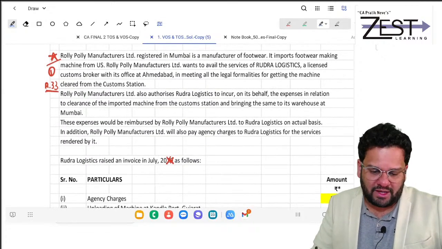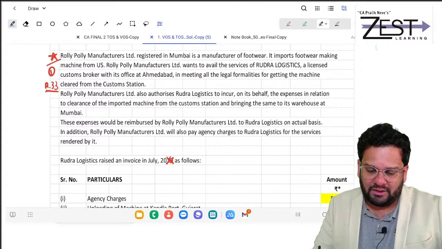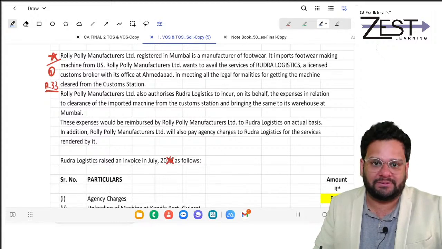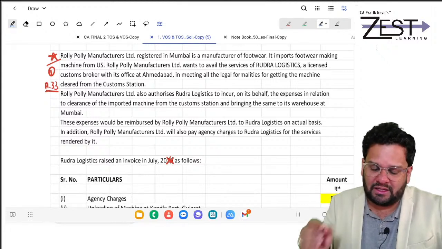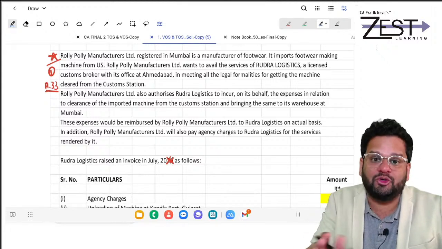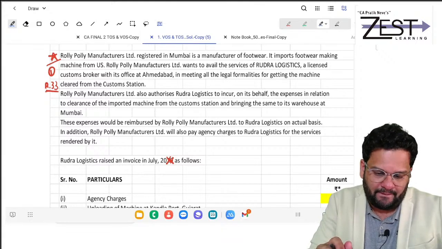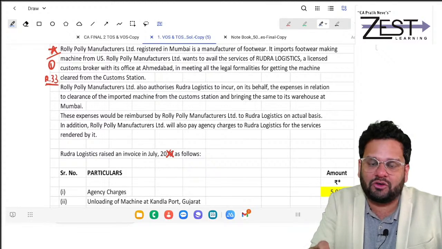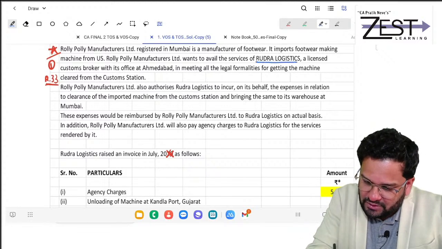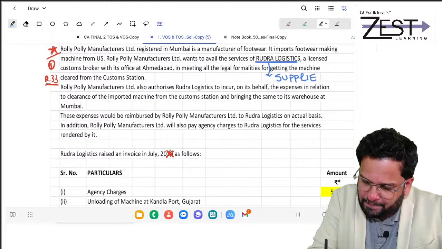Rolly Poly Manufacturers Limited, registered in Mumbai, is manufacturer of footwear. It imports footwear making machine from US. Rolly Poly Manufacturers Limited wants to avail services of Rudra Logistics. So friends, Rudra Logistics becomes supplier.